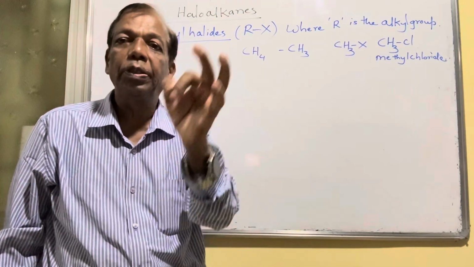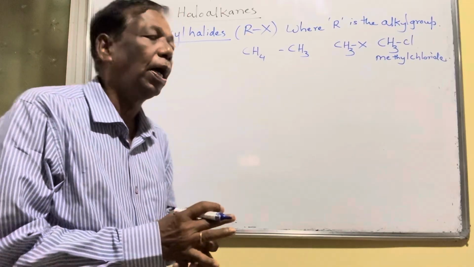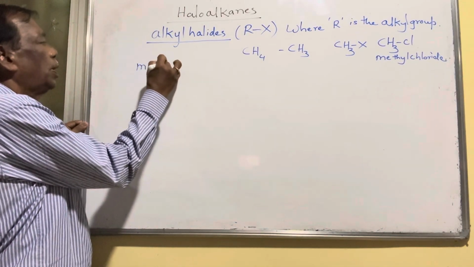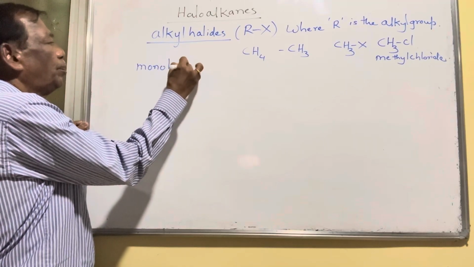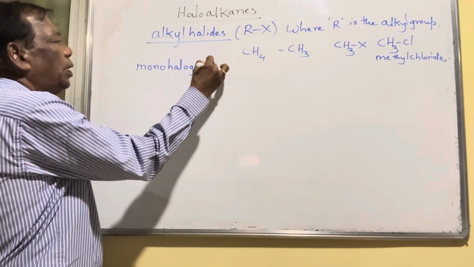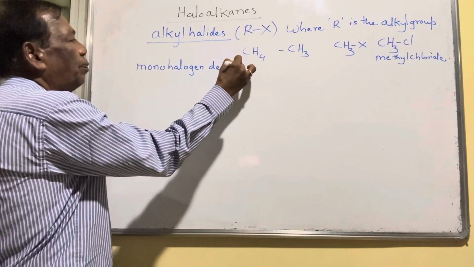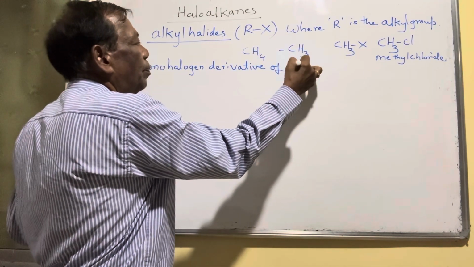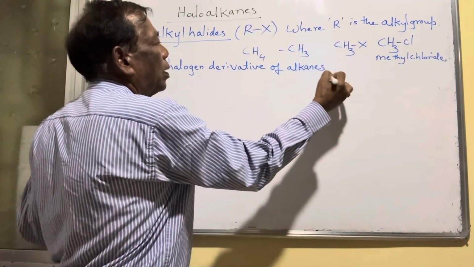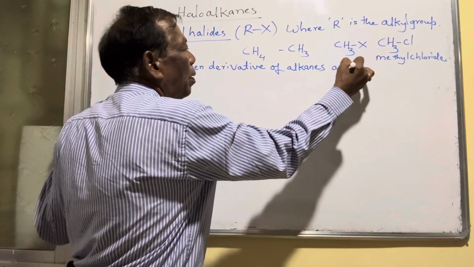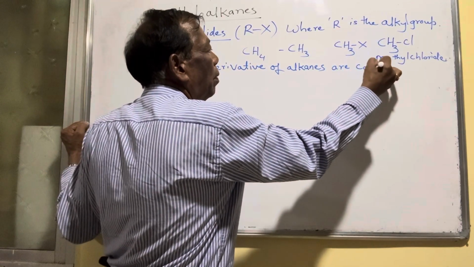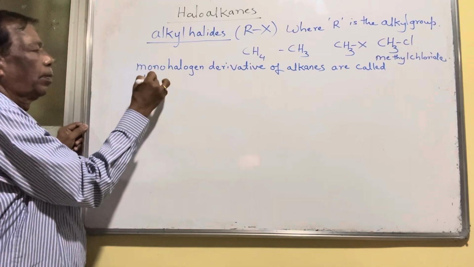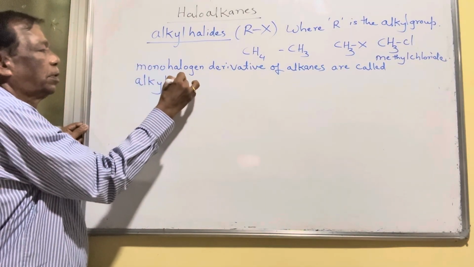So monohalogen derivatives of alkanes are called alkyl halides. So I can write here that monohalogen derivatives of alkanes are called alkyl halides.